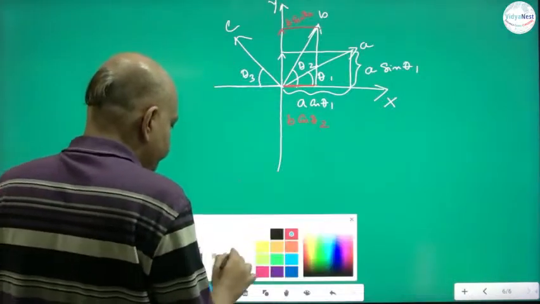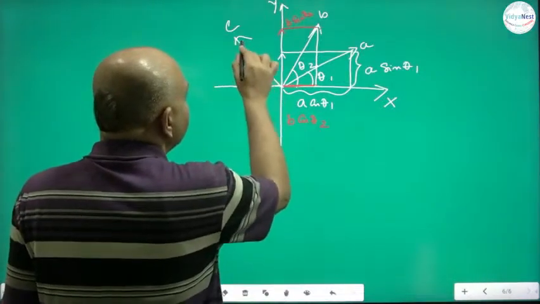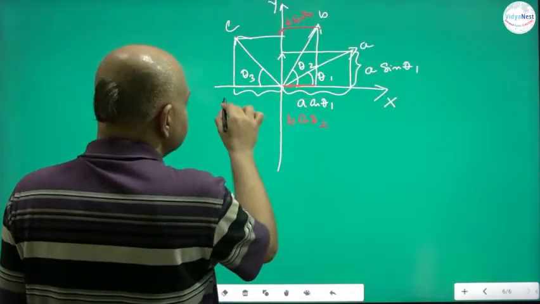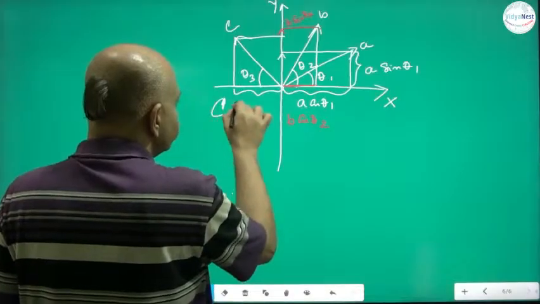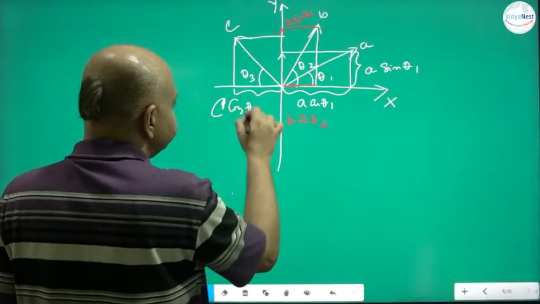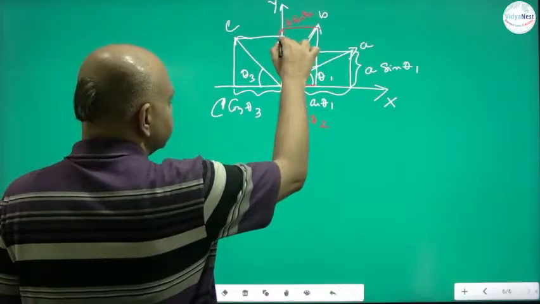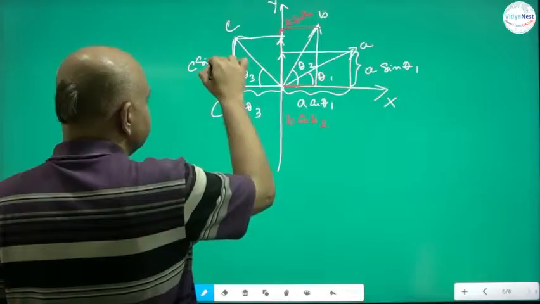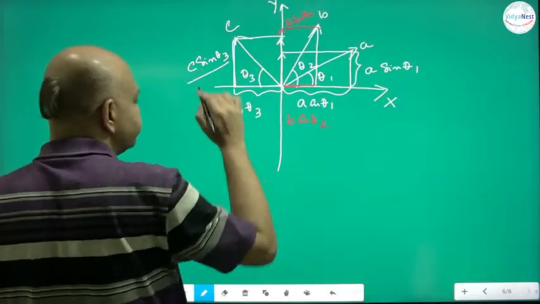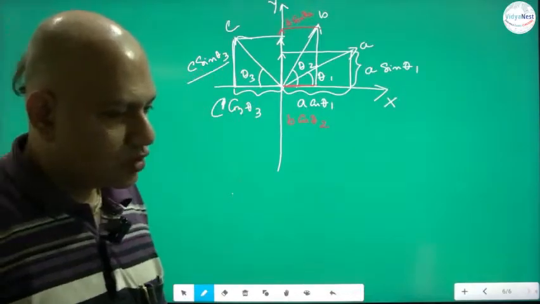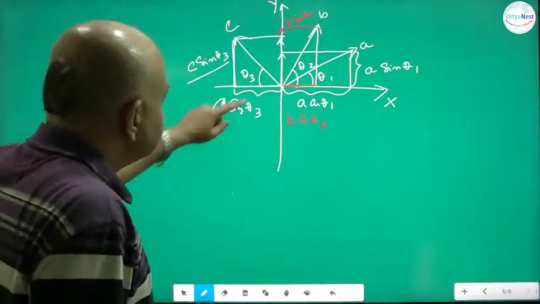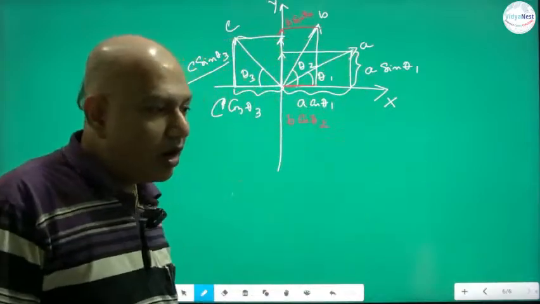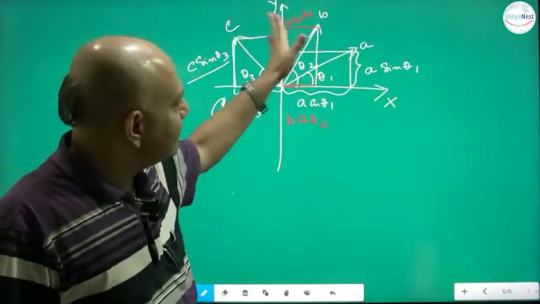Now if I split C, this length is C cos theta 3, and this length is C sin theta 3. So we just split the three vectors, first, second and third, into x-axis and y-axis components.